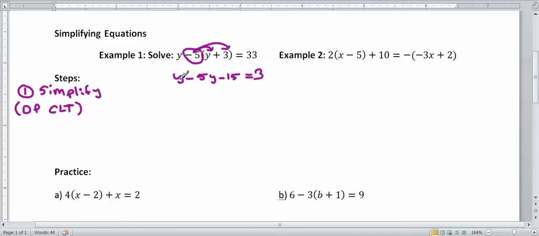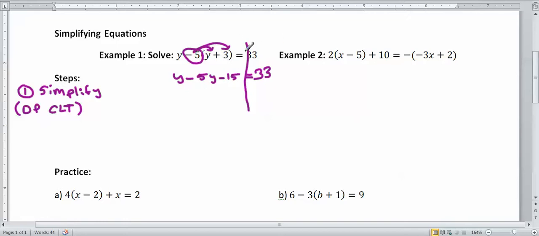I'm not done simplifying yet because I want to simplify this y minus 5y. A lot of the time I see people do minus y minus y. We don't do that. We only do operations like that if I'm trying to solve an equation across the equal sign. So set up your wall. Everything on one side of the wall you have to simplify first. I'm going to simplify this whole side before I even try to solve, ignoring this half completely and combining like terms on this half.